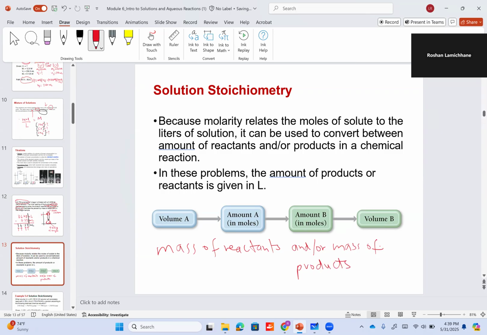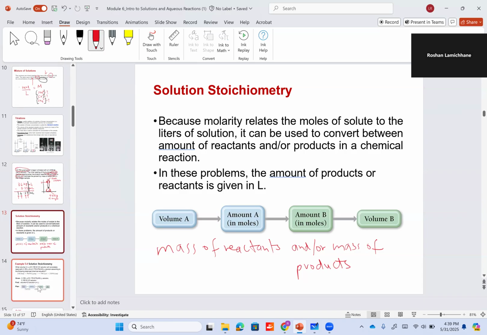So the mass might have been given in milligrams or grams. But in our solution stoichiometry, these kinds of problems contain the amount of products or reactants in liters, and you'll be asked to figure out maybe the volume of the products or the reactants. Again, this looks weird, but when we work through this problem, it's not going to be that bad.